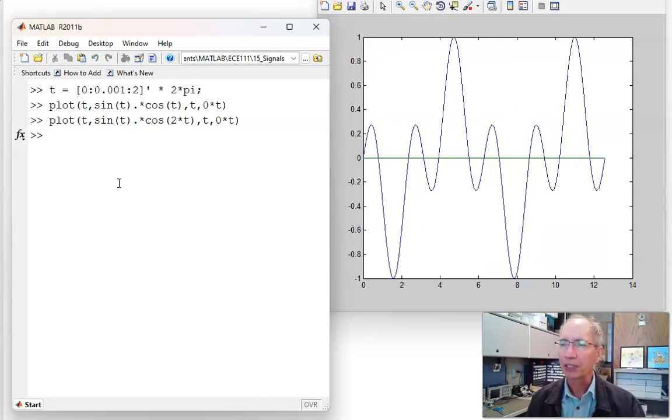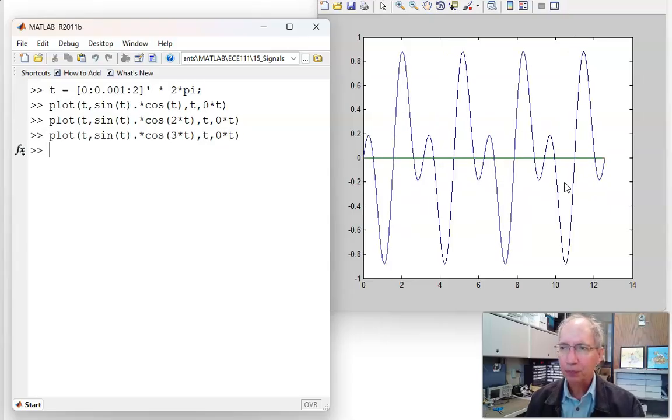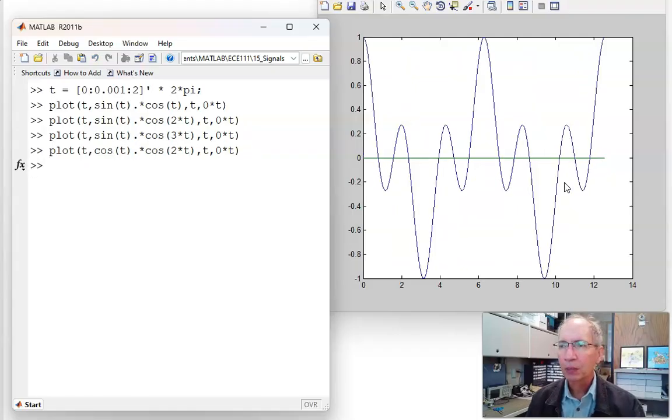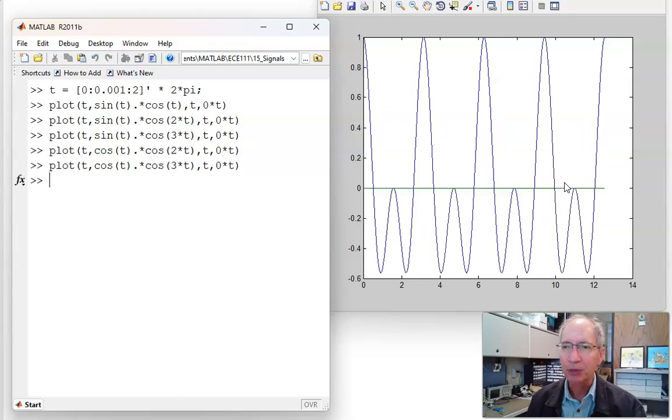That also averages out to 0. So these parts cancel, everything cancels, the average is 0. Let's do sine of t times cosine of 3t. Again, averages out to 0. Cosine of t times cosine of 2t averages out to 0.